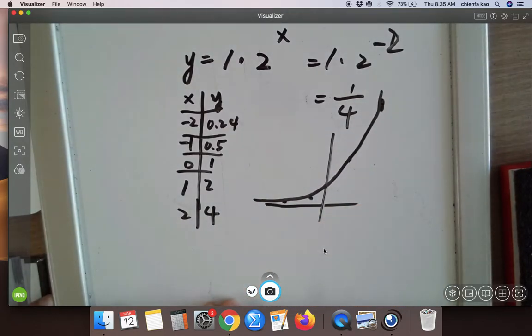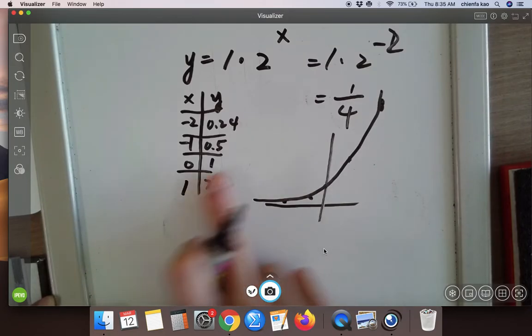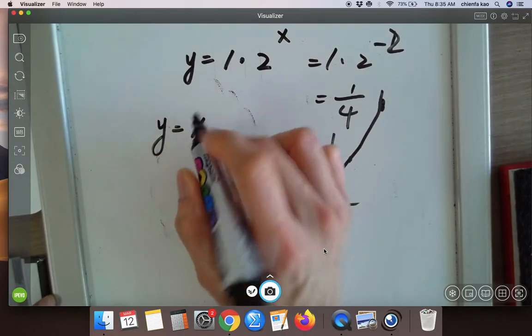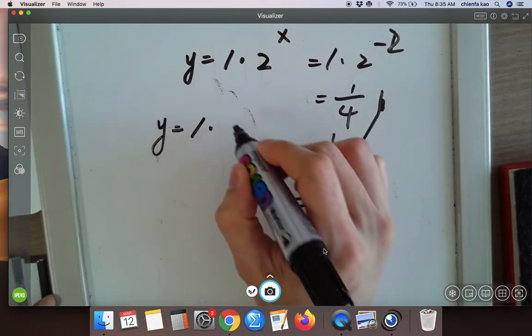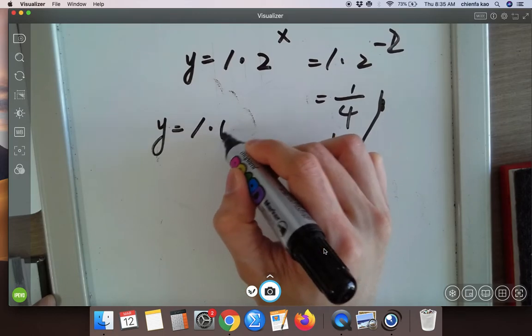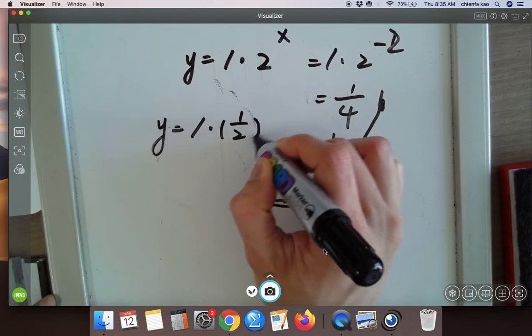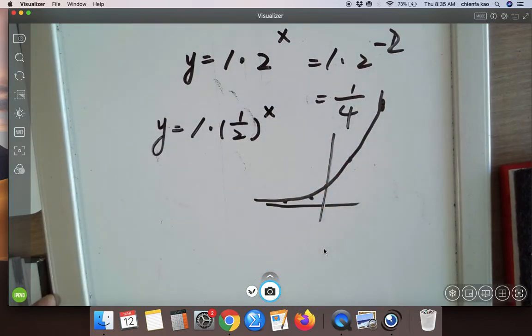Now, I would like you to try this. Please draw this function. Let's just say you have $1 every day, but you lose half of it every day. Please pause the video and graph this function.